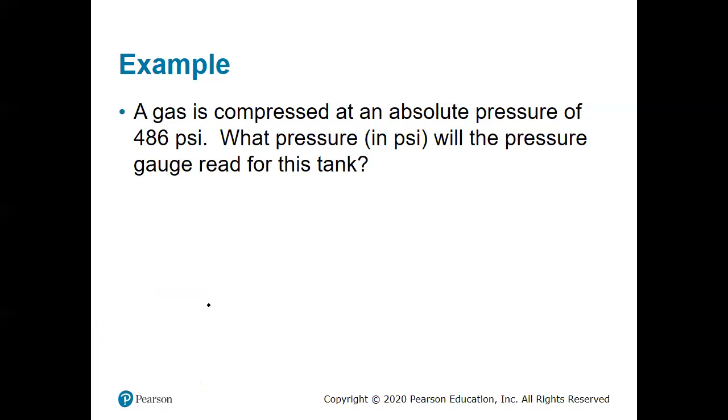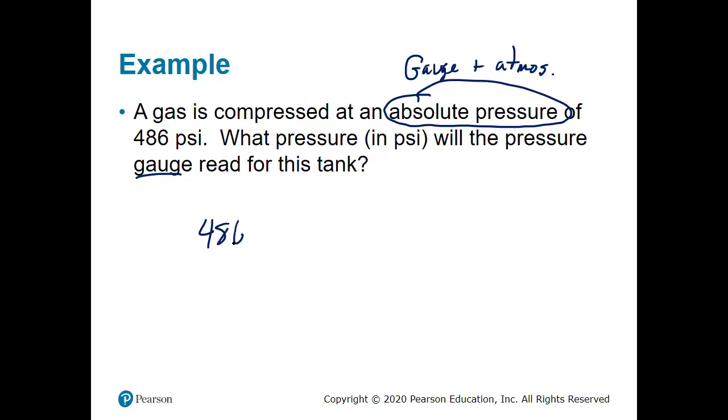So again, this is where it's important to know our definitions. Absolute pressure would include gauge plus atmospheric. So if I want just the gauge, I would need to subtract out the atmospheric. So 486 psi minus 14.7 psi would give me 471.3.